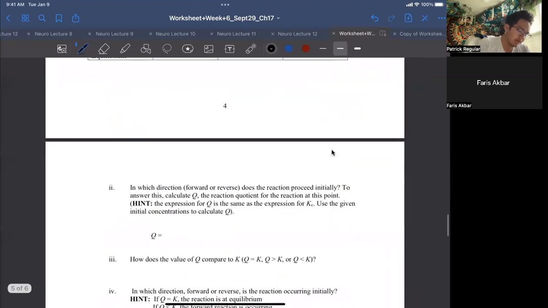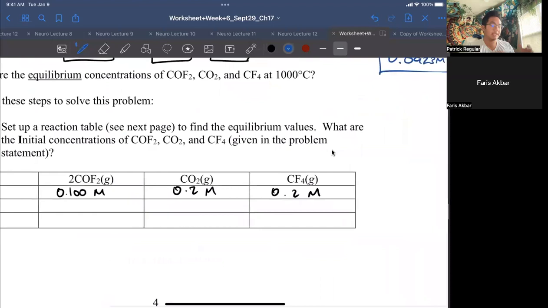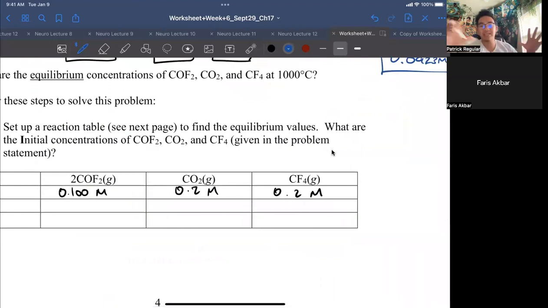And now we're looking at in which direction, forward or reverse, the reaction goes. Well, if we're given non-equilibrium values at the very beginning, we can't really tell. Because if you didn't know the K beforehand, what if your K is really small and you actually want a lot of reactants? Or what if your K is really big and you just want a lot of product?